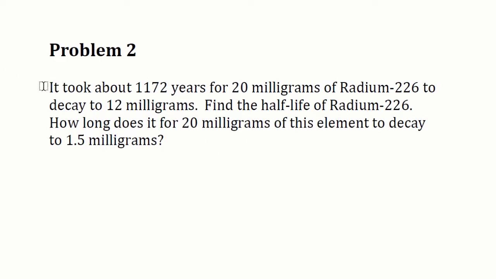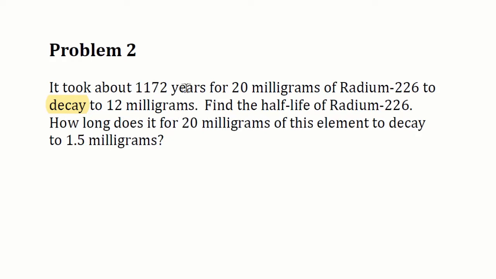As just one complete problem, it took about 1,172 years for 20 milligrams of radium-226, the name of a chemical element, which an actual scientist or chemist would refer to as a radium isotope, to decay. So this is now a decay problem. That's the wording that caught my attention.